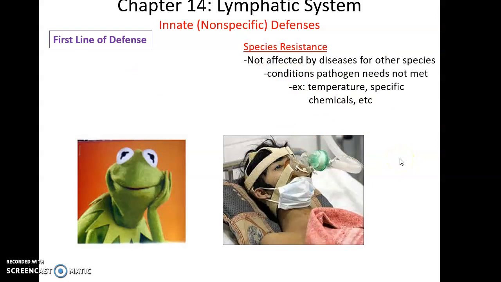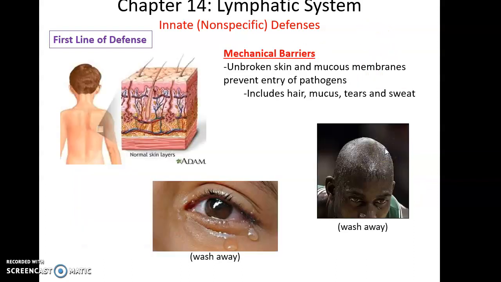Basically, pathogens tend to target specific species. So say something that makes a human really sick would not cause a frog to get sick, and vice versa. So we are immune to many diseases because we are not the target species. Our body temperature is different, or the chemical levels of electrolytes in our blood is different, and so on.